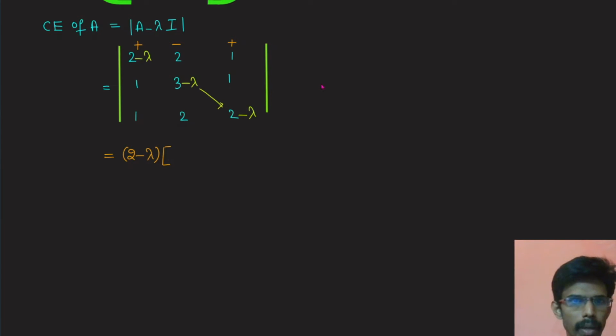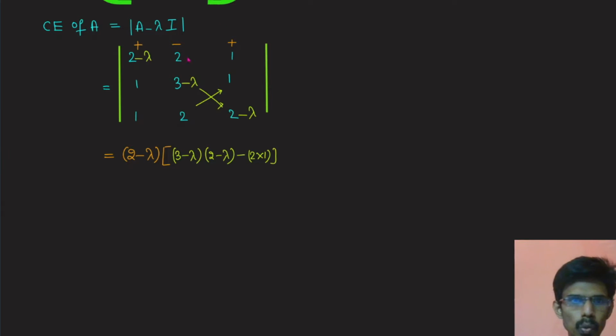Now apply AD minus BC for these elements after leaving the first row and first column. Then we have 3 minus lambda into 2 minus lambda minus 2 into 1, bracket close.